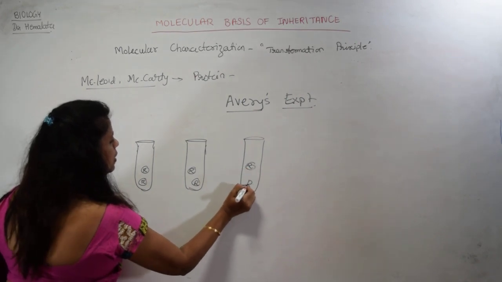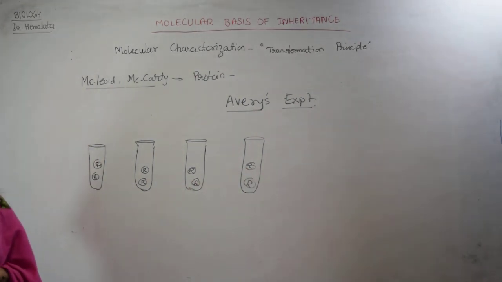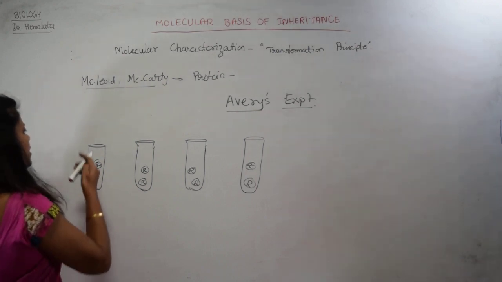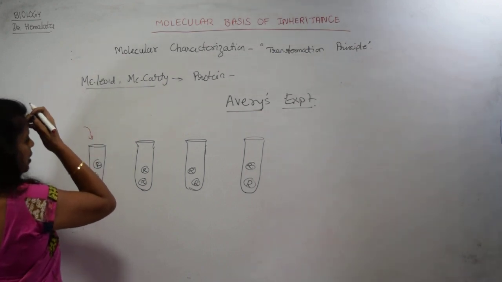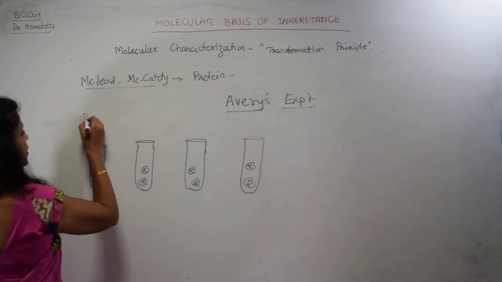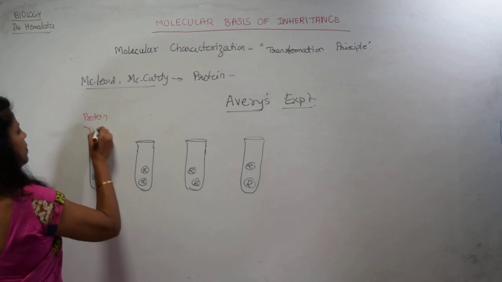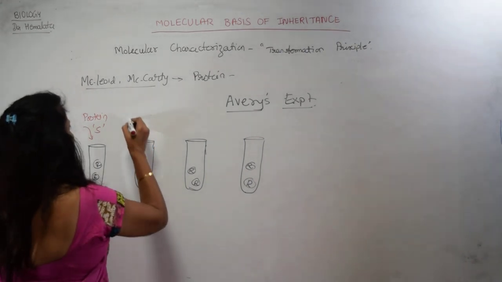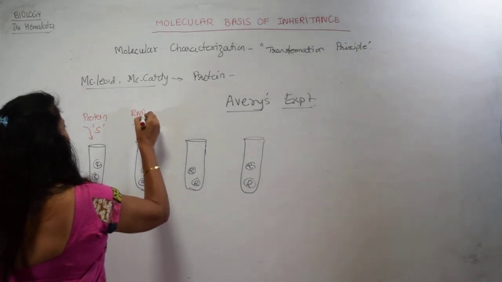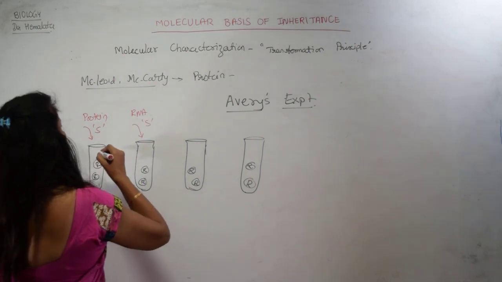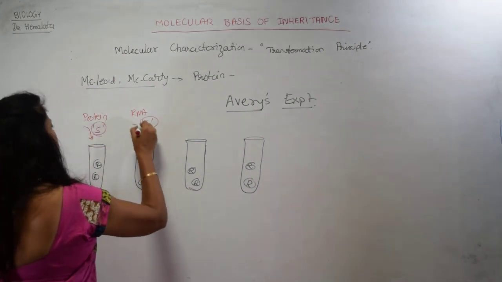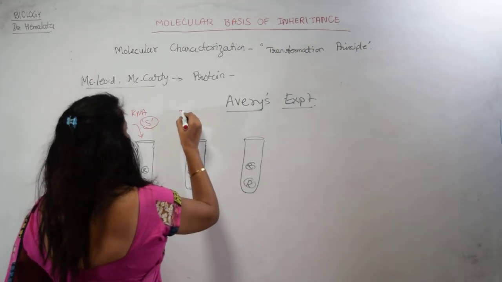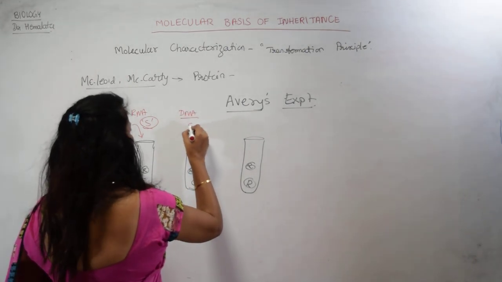Now to the first one they added the protein of S strain. To the second one they added RNA of S strain. Then to the third one they added DNA of S strain.